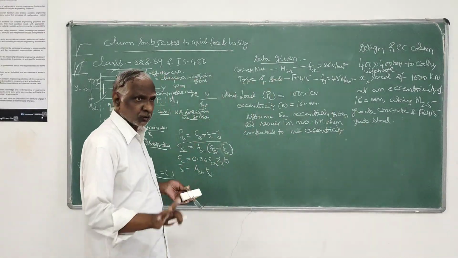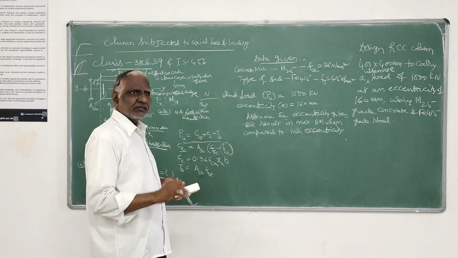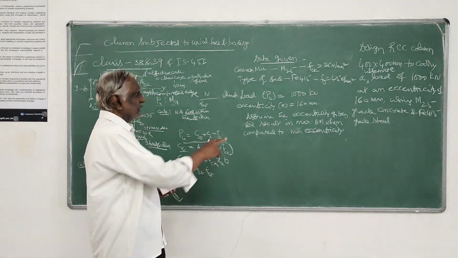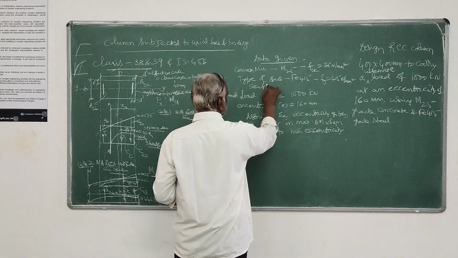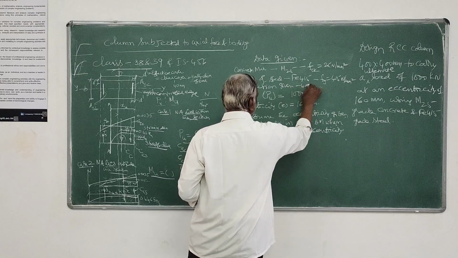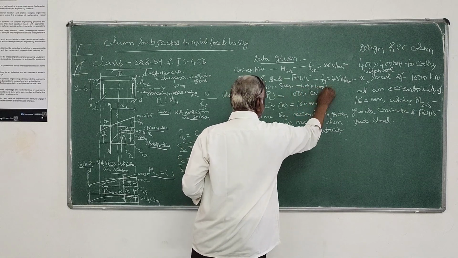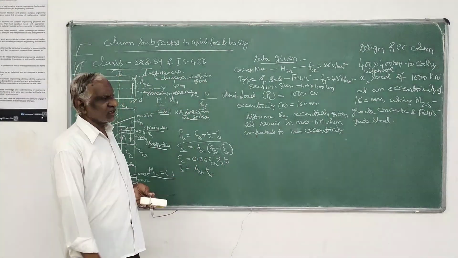That you have to conclude, because here first, as per codal provision, we have to check the section, that is 400 by 400. Section given is 400 by 400. They have fixed the size already, so you take that particular section.